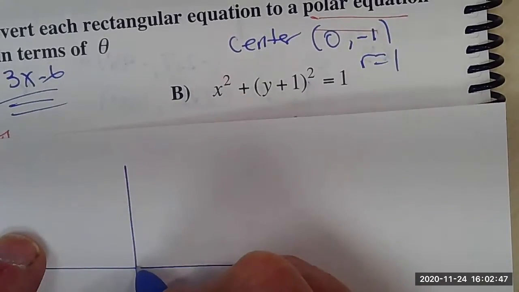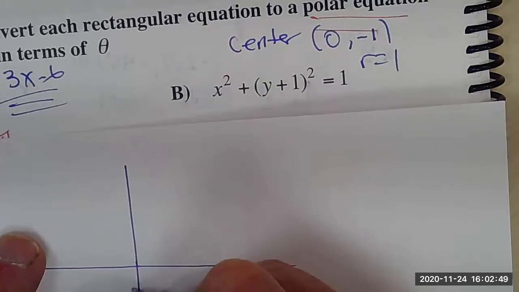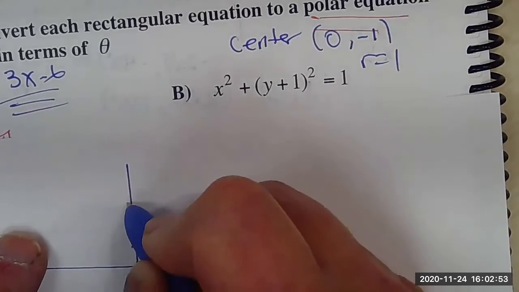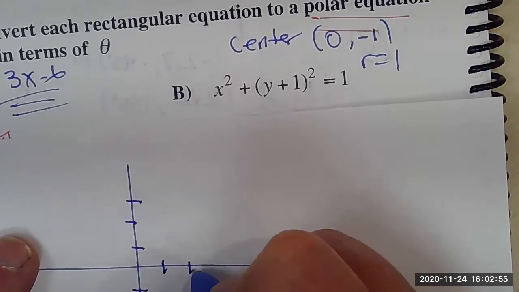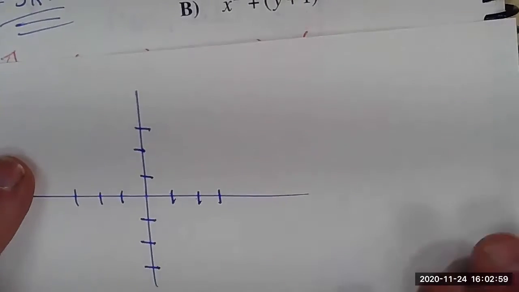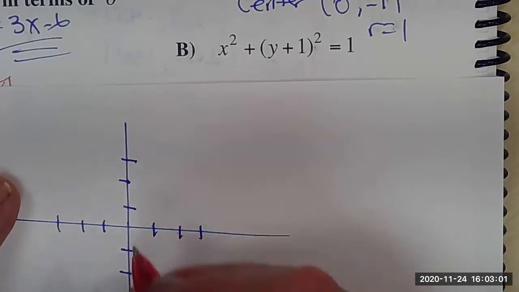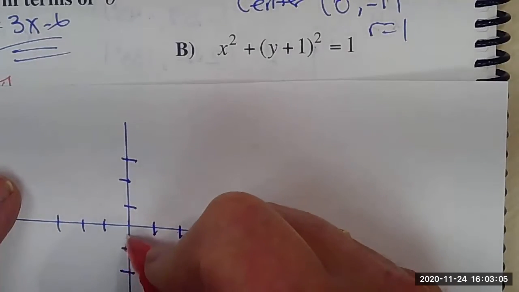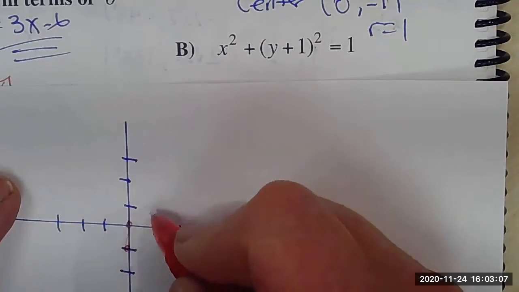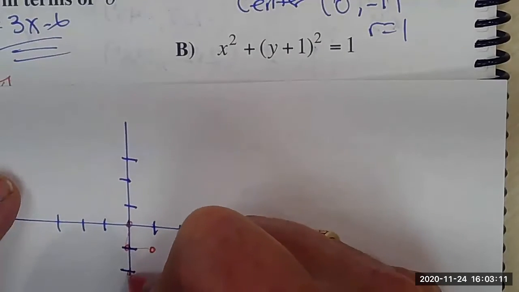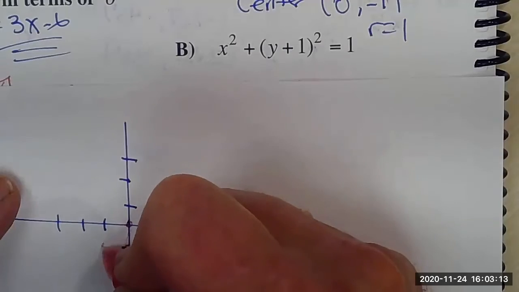Okay, 0, there's -1, -2, -3, 1, 2, 3. Here's the center of the circle, and the radius is 1. So up 1, right? It's going to pass through here, and through there, and through there, and through there.